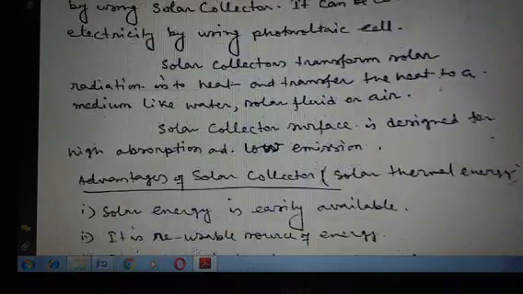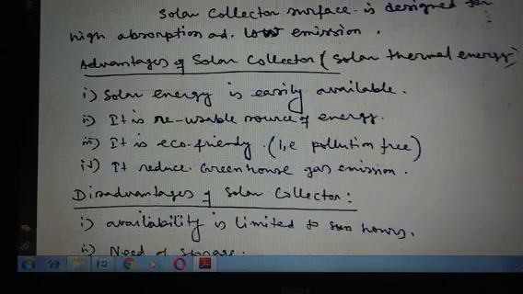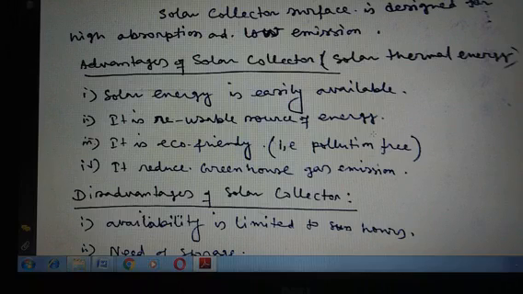Now, the advantages of the solar collector, that is solar thermal energy. First point, solar energy is easily available. Next, it is a reusable source of energy. Next, it is an eco-friendly system and pollution free. Next, it reduces greenhouse gas emission. So there are some advantages of solar collectors: solar energy is easily available and free of cost.